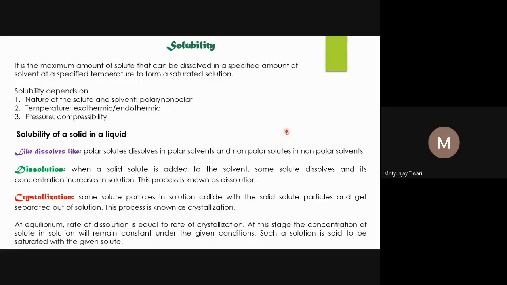One is the dispersion interaction, or there might be pure electrostatic interactions, where there is a strong dipole between them. Anyway, this process of solute particles interacting more efficiently with the solvent particles and getting separated is called dissolution.